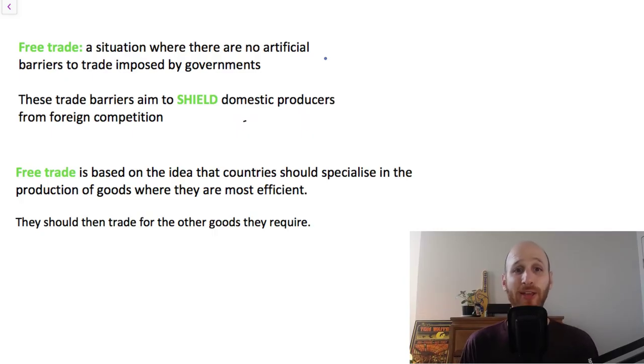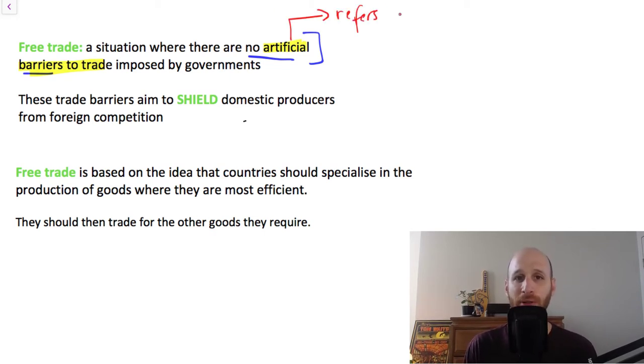Okay, if we're getting specific, looking at some definitions here, free trade is a situation where there are no artificial barriers to trade imposed by governments. That idea of artificial barriers to trade is very important to remember. Artificial barriers to trade refer to protection, so that is the opposite situation to free trade.